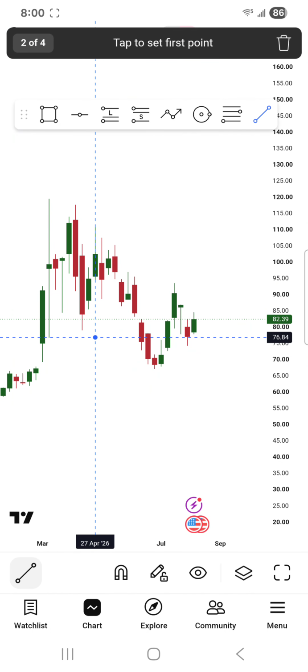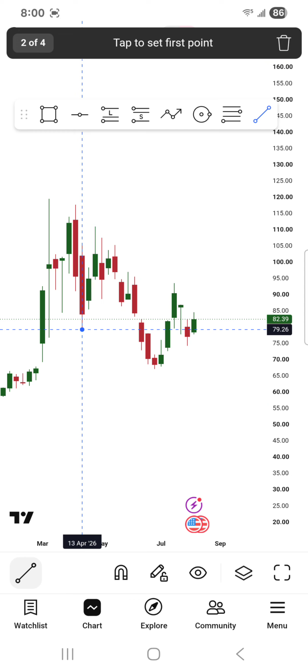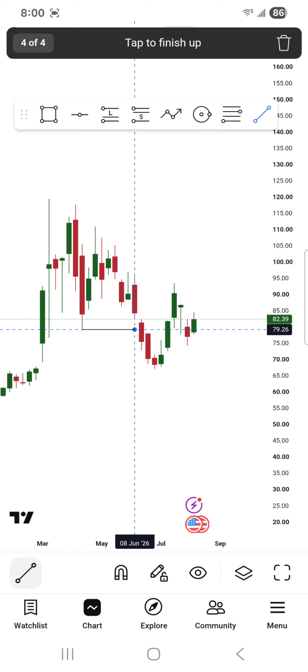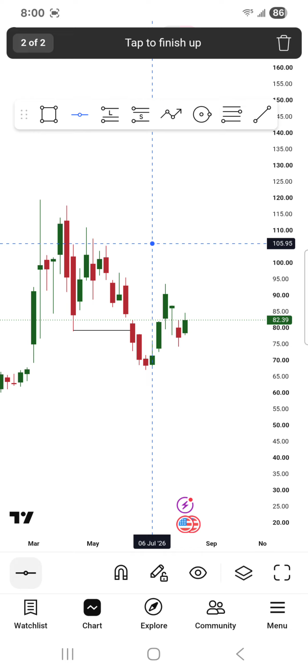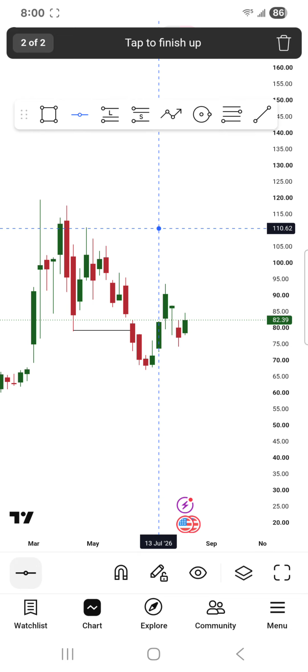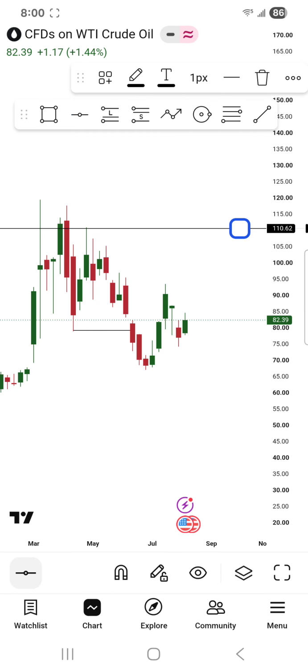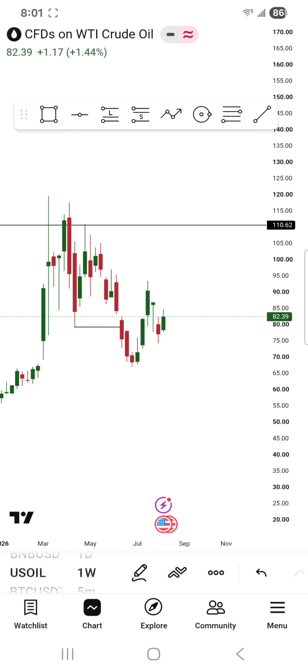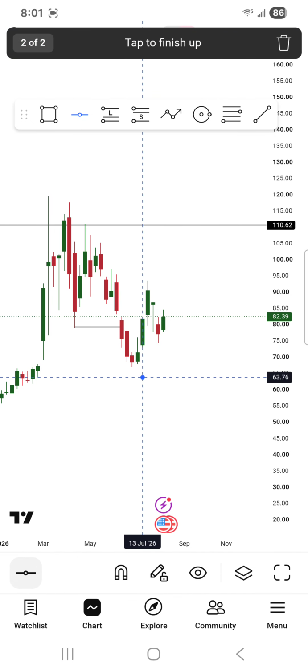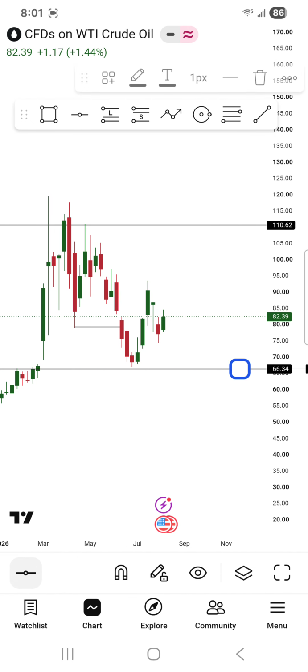We can see clearly that the market did a change of character to the downside. That is the most recent structure. So we can now mark out our swing high, and then this is our swing low.